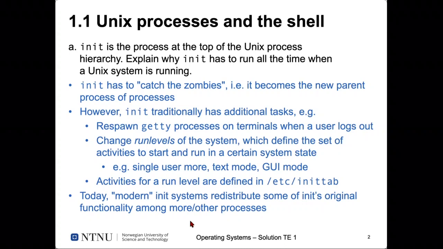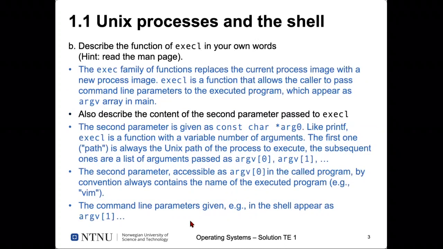But yes, the next subtask was just meant to have you read the man page of execl, the libc function call to be precise, that's used to execute a program.